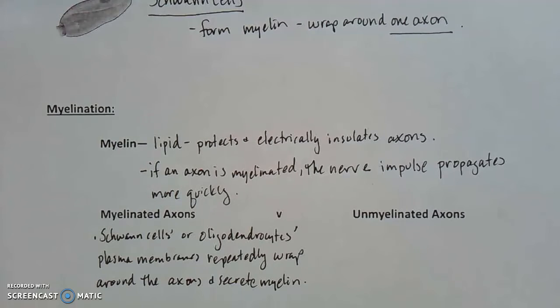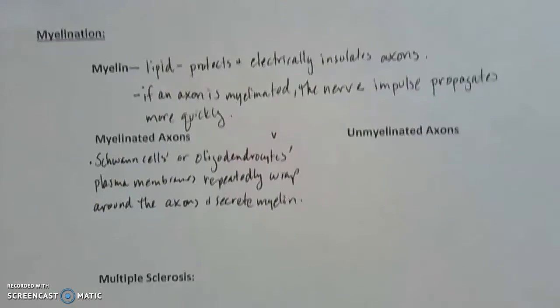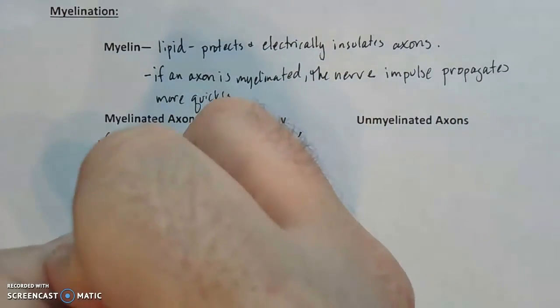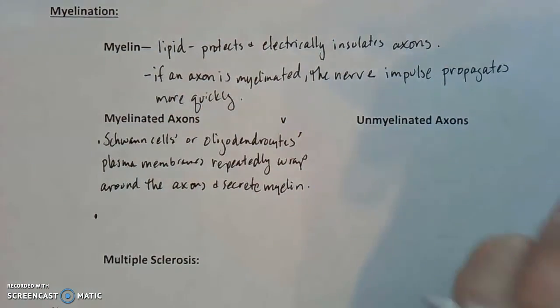So imagine that you had a hot dog and then you put a bunch of guacamole over it and you rolled it, and you'd end up with that central axon, the hot dog. The guacamole surrounds the hot dog, but also sandwiches in between the layers of the tortilla, which is that cell. It's kind of a stretch, but it might give you a little bit better of a visual.